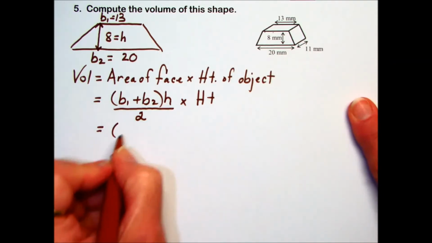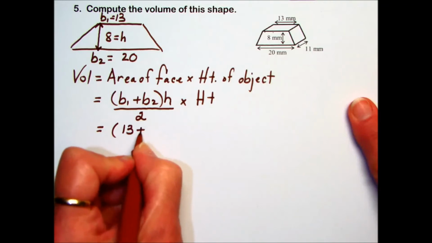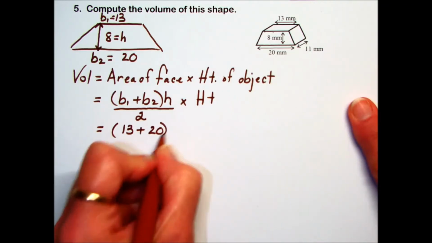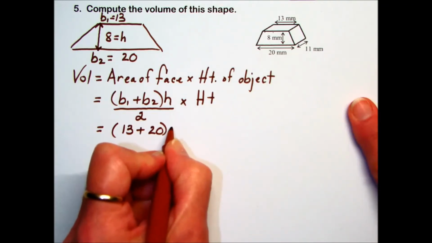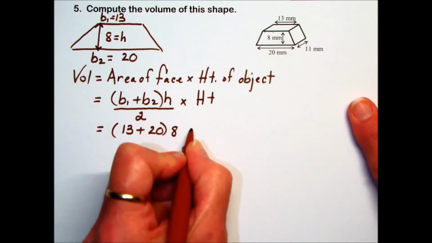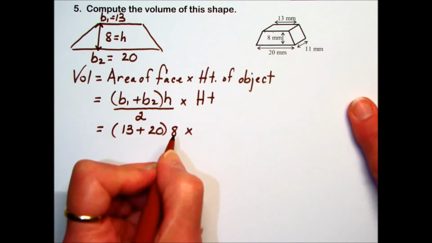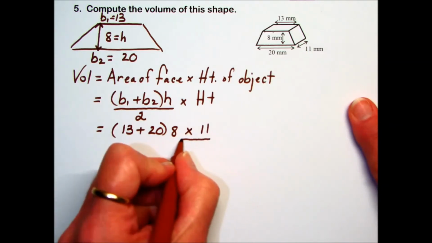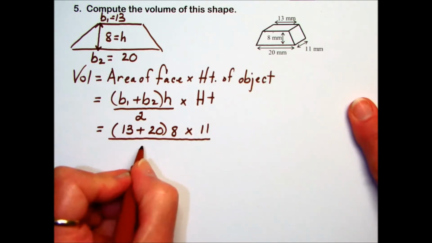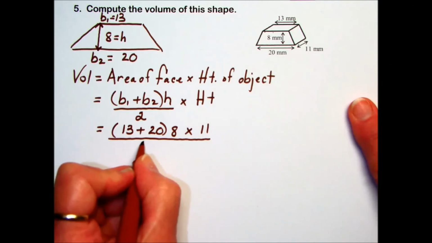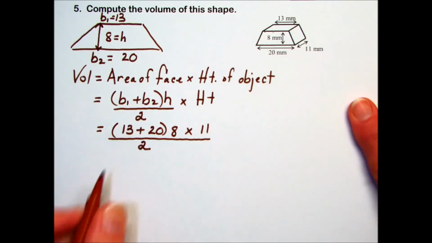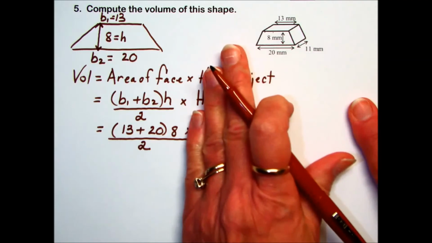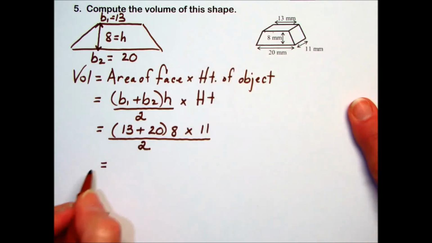Plugging in the values for this problem, we have 13 plus 20 for the bases. The distance between the two is 8. We're timesing that by the thickness of this three-dimensional object, which is 11, and then dividing by 2 to give us that area of the face.